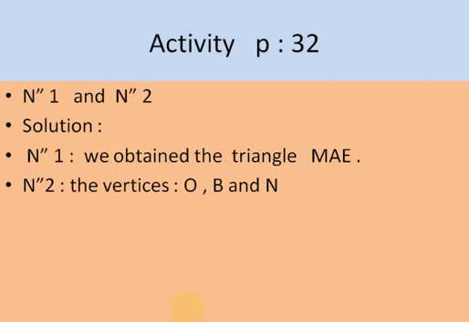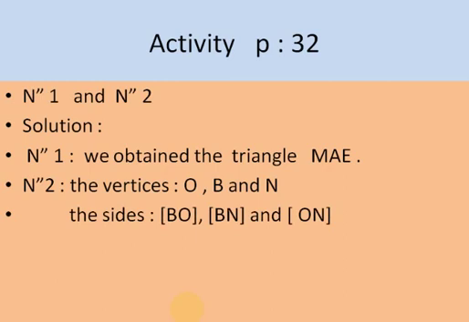The sides, it means the segments. Okay, so let's mention the three segments in this triangle. OB or BO is the same. ON or NO is the same. And the third one is BN, and don't forget to put the brackets. That's all the three sides.